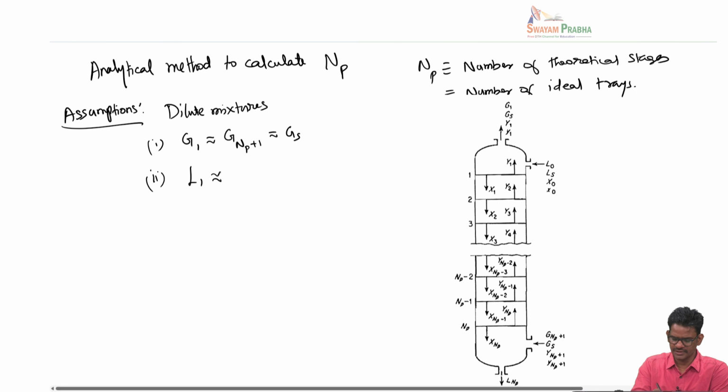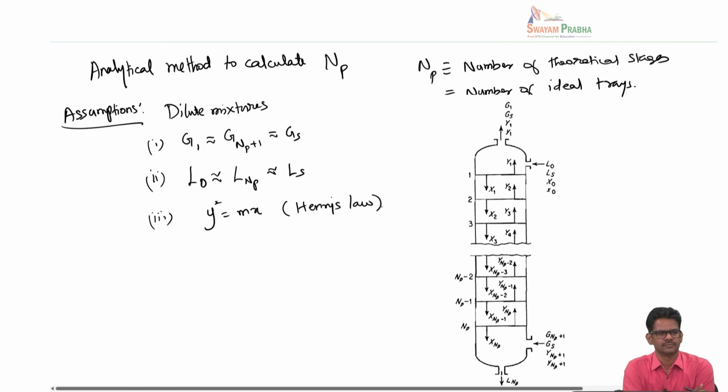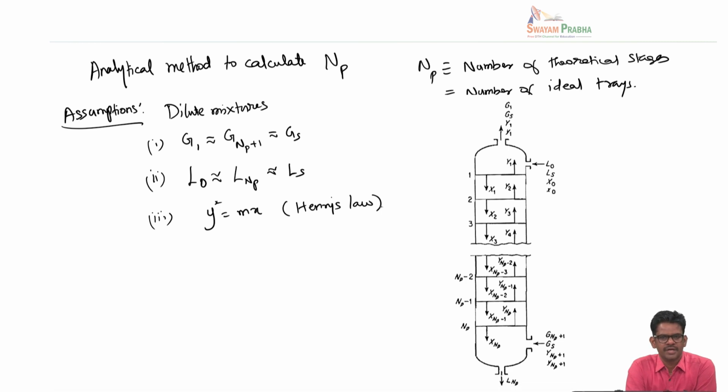Similarly, the liquid flow rates are almost constant. And third, I can write Y star is equal to mx. If you make these assumptions, then we can set out an analytical solution for the calculation of the number of theoretical stages.